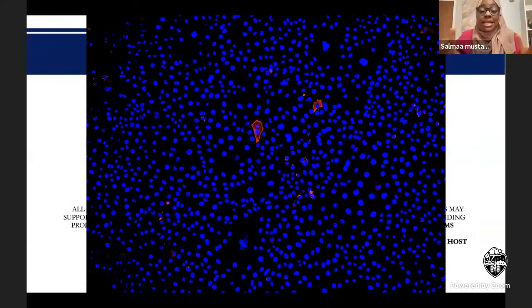If the signals I'm seeing are on the plasma membrane, then there is a problem, because I'm not looking for plasma membrane proteins. I'm looking for proteins inside the cell. Those are the kind of things that you use to interpret even the papers that are published out there. You want to know the protein they're trying to characterize. Is it intracellular? Is it the plasma membrane? Is it within the cell nuclei?